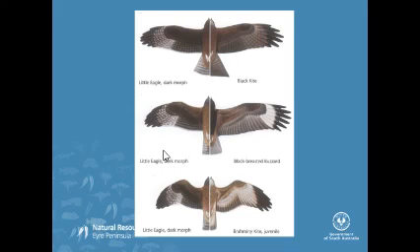The light morphs are quite easily picked, but the dark morphs, you're still getting that barring through the secondaries. It's just a bit different in those primaries, and you don't get the white in the coverts like you do with the light morph. So the big difference is the colour of the coverts. All good? Yep.